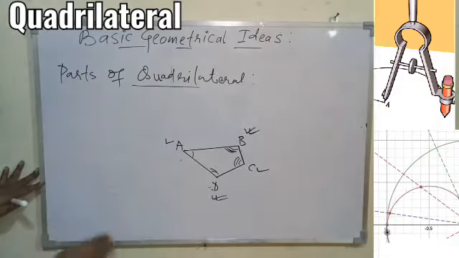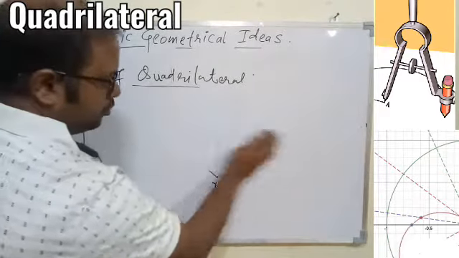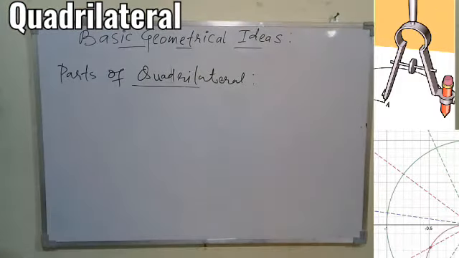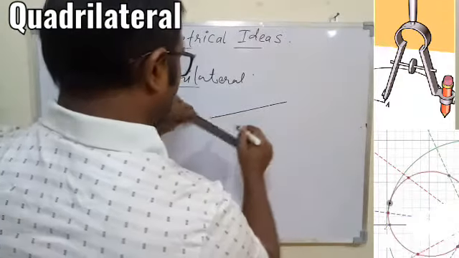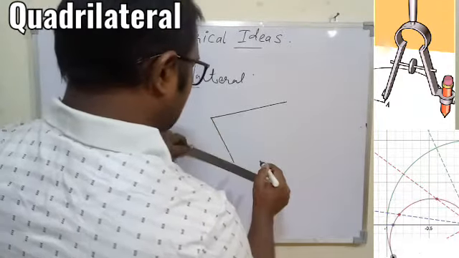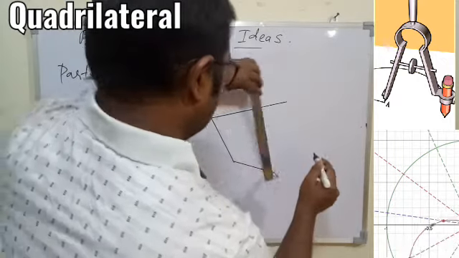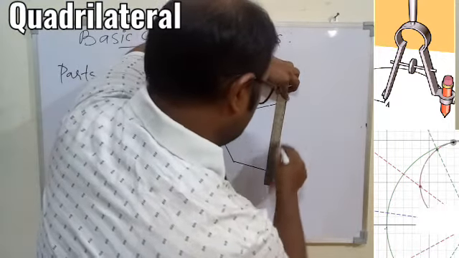And let's talk about the next term that we have. Let me draw it properly. Any quadrilateral, if you draw, always take the help of the scale to get a proper diagram.